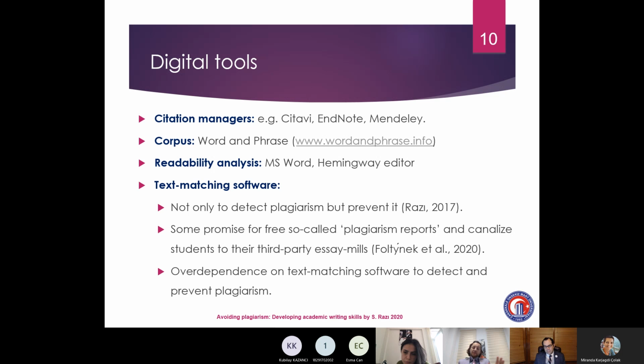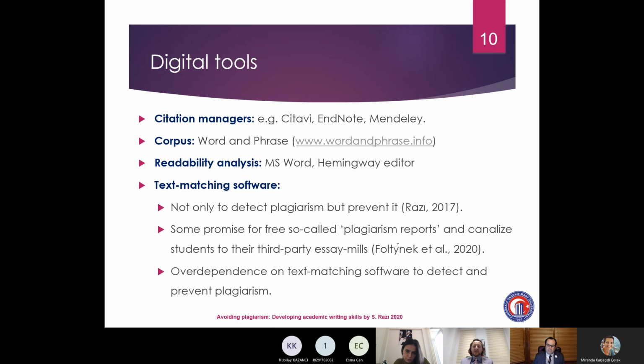But when it comes to text matching software, I will have a reminder here. As T-Stop under INAI, we conducted research and revealed that some so-called plagiarism detectors, which call themselves plagiarism detectors on the internet, claim that they provide so-called plagiarism reports for student assignments.